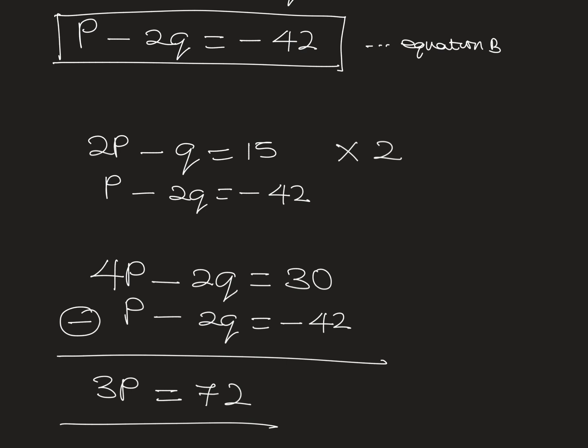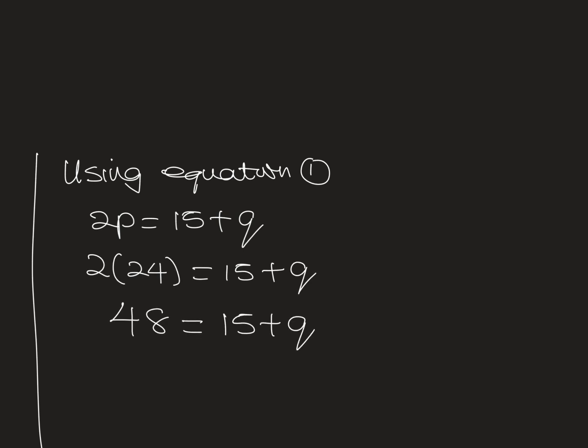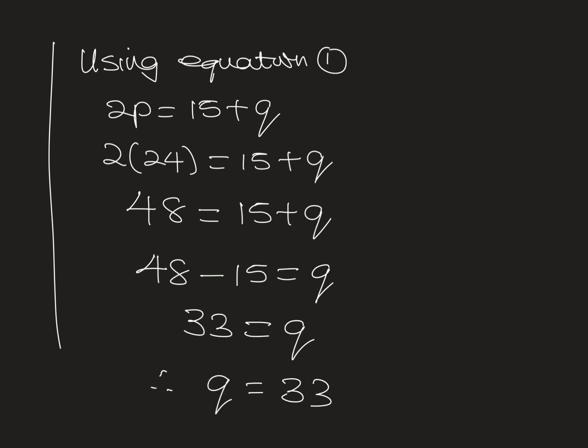It is 24. So that's going to be 2 into 24 is equal to 15 plus q. 2 times 24 is 48, which is equal to 15 plus q. To find q, we'll have 48 minus 15 is equal to q. So that is going to be 33 is equal to q. Therefore, q is equal to 33.